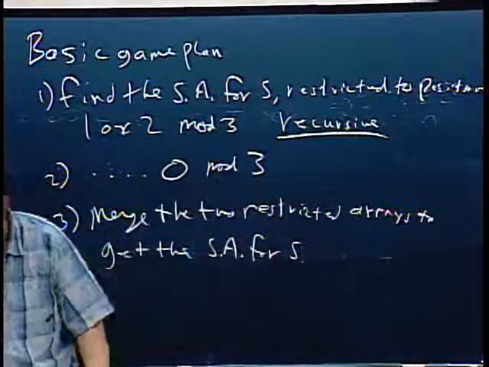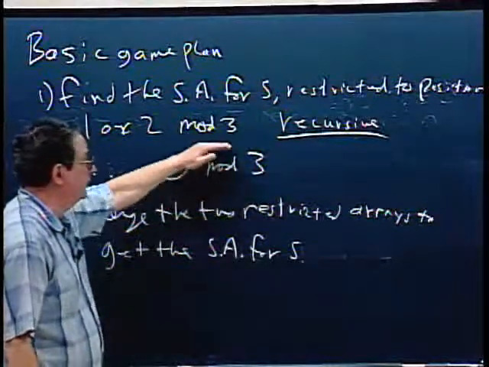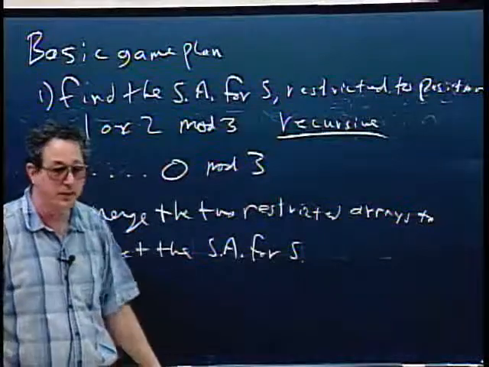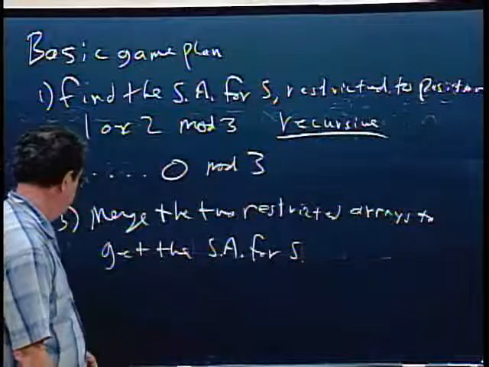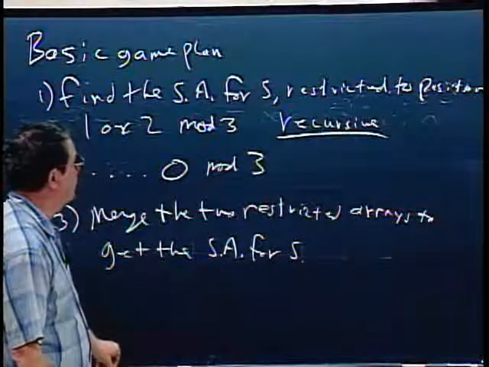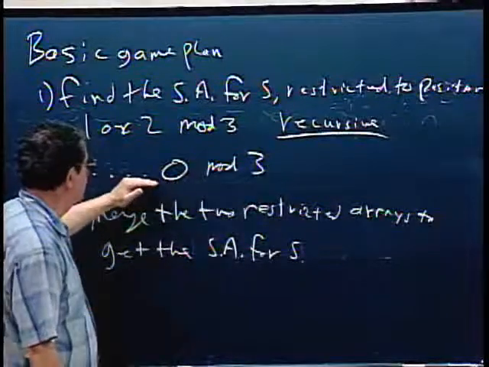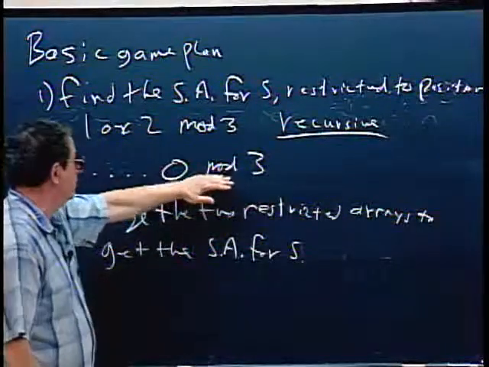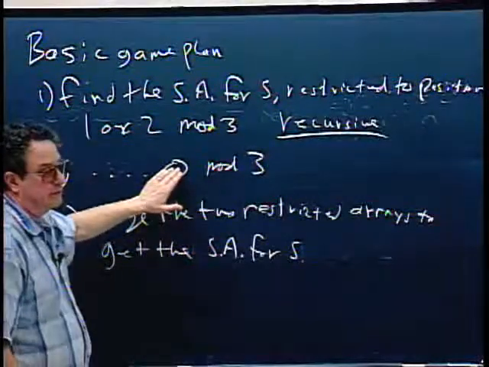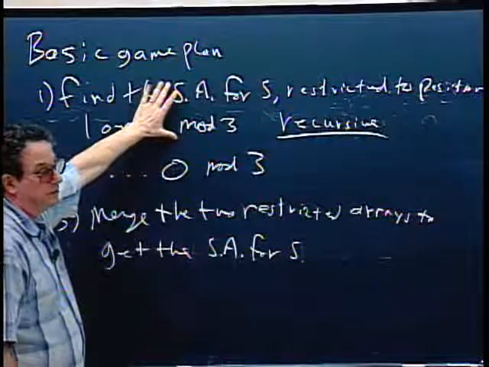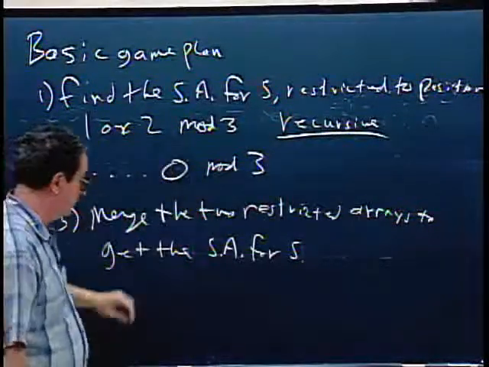Well, you could think that you'll do the same thing, but if you do this recursively also, then in the time analysis you'll have two recursive calls, and then we won't get the linear time bound. So let me show you how you can do the position 0 mod 3 in order n time, all at once, not recursively, given that you've done this. So the algorithm does these first, and then you find the position 0 mod 3.